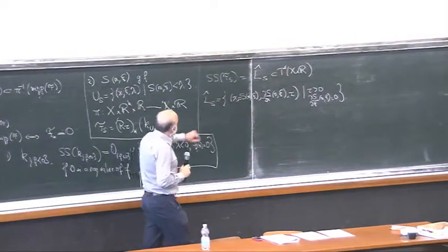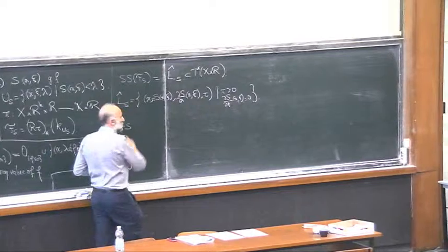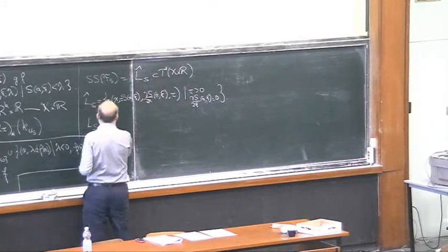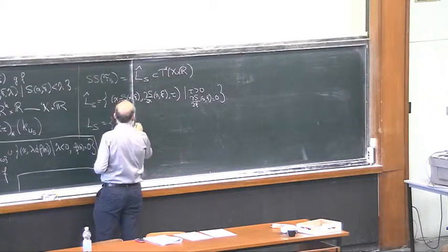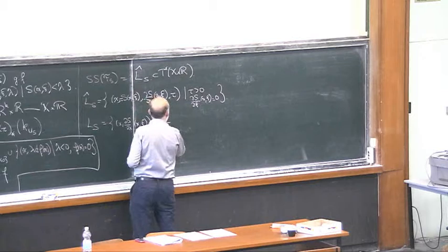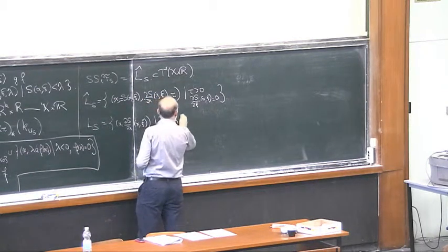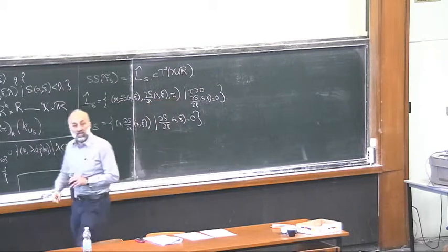And if you remember, the Lagrangian submanifold associated to the generating function is something very close to that. It's just the set of (x, dS/dx(x, psi)) such that dS/dpsi(x, psi) is 0. So what's the difference?